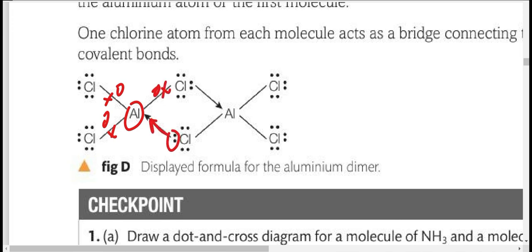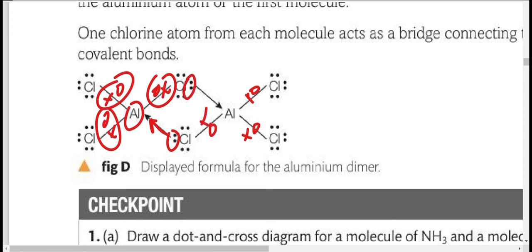So you can count 1, 2, 3, and the 2 dots, 4. 4 twos are 8. So aluminium is completed with 8. Then dot and cross 2, dot and cross 4, dot and cross 6, and the 2 dots, they are 8 now. So aluminium is completed with 8. It doesn't make any difference to chlorine at all. Right? Any question?